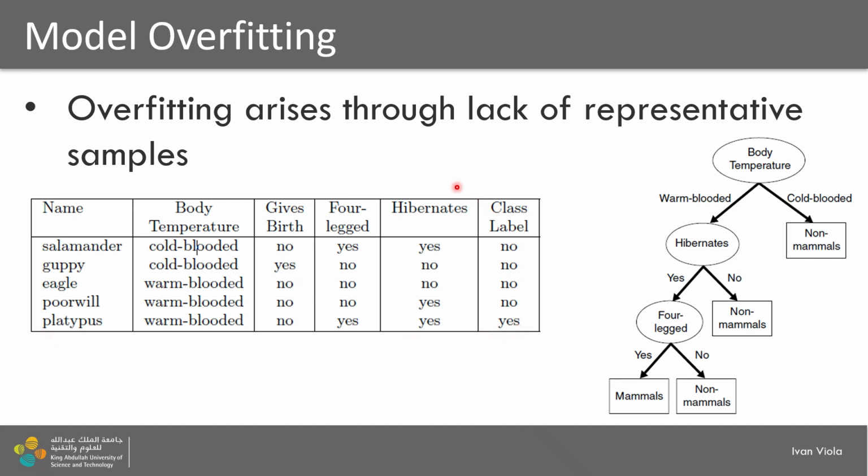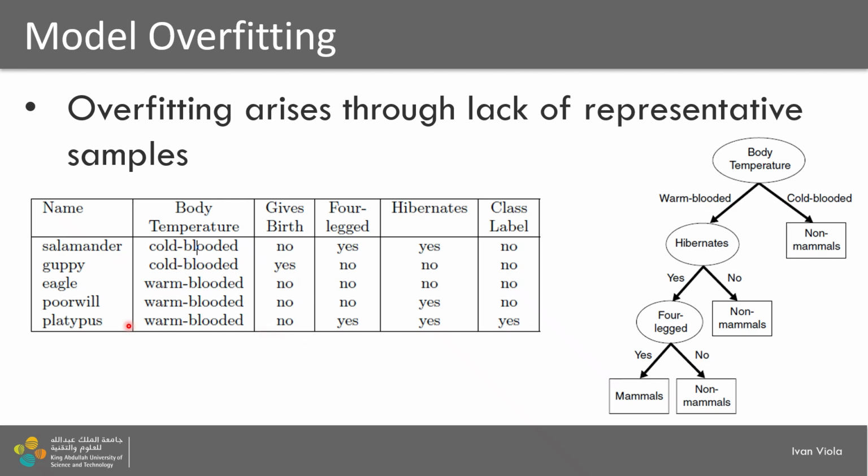For example, we will be interested in performing a classification of which animal is a mammal again, and here our training set consists of salamander, guppy, eagle, Urwil, and platypus. And out of these, only one is the actual mammal. And even that, platypus is not really a standard mammal because it doesn't give birth.